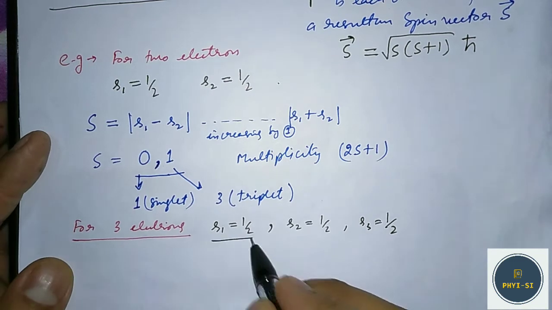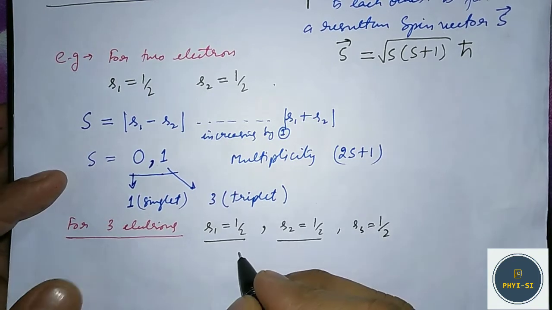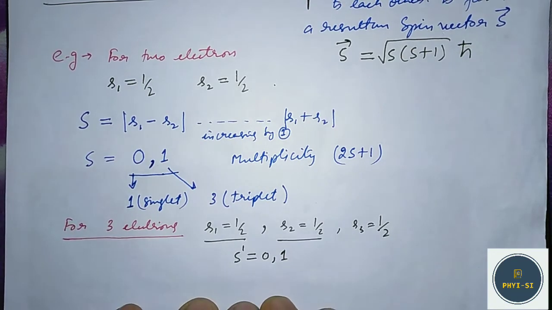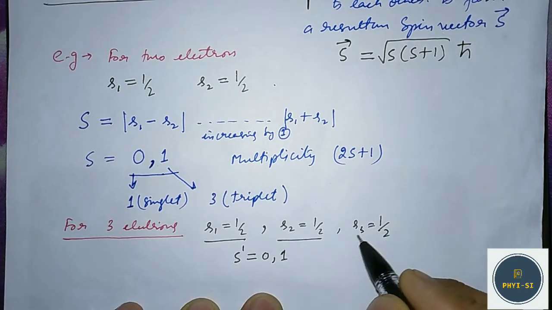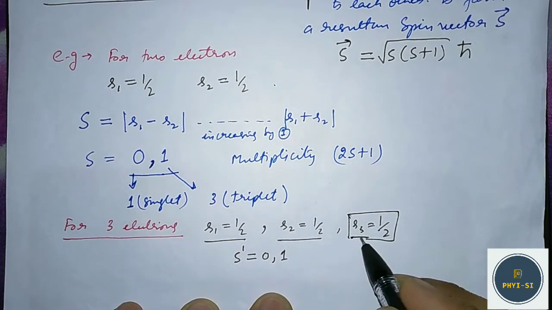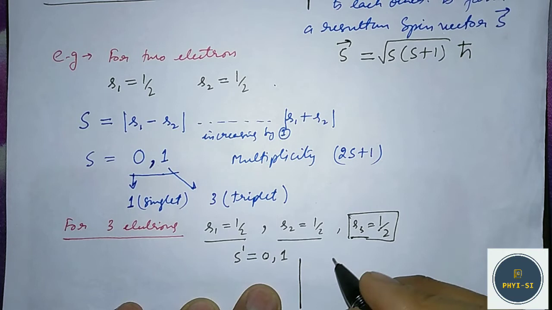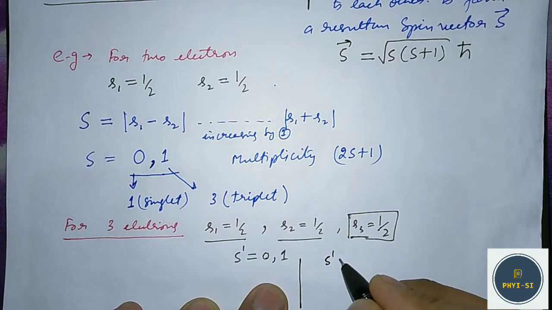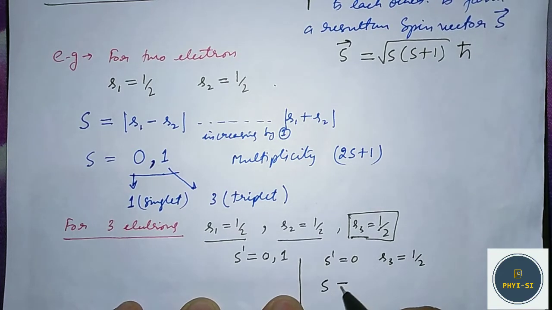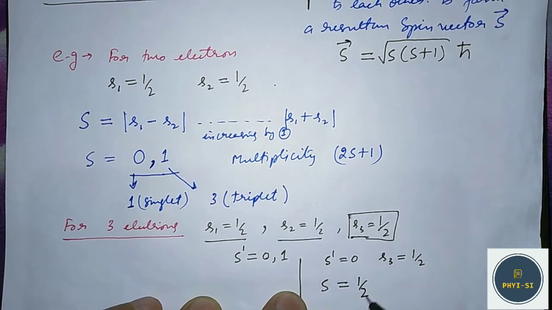These first two spins combine to form, let's say s dash, that is equal to 0 and 1. Now this can interact with s3. First of all, we take s dash equal to 0 and s3 equal to 1 by 2. So we'll have s equal to 1 by 2 minus 0 to 1 by 2 plus 0, and so it will come as 1 by 2.